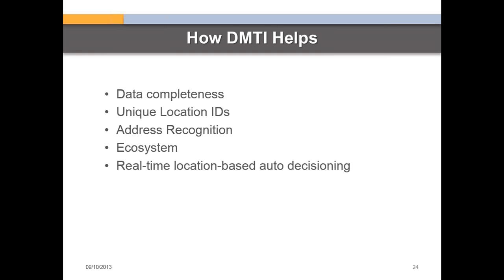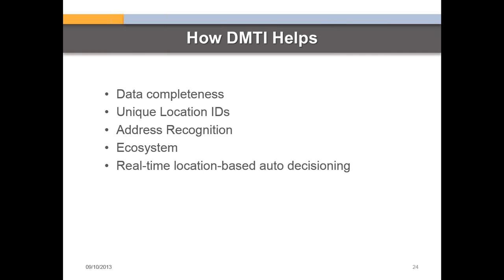The address recognition service is a very robust algorithm that's able to identify corrections in the address, incomplete address records, incorrect address records, and associate each one to the correct address record. I spoke a little bit about how you can gain context on that ecosystem of partner content.